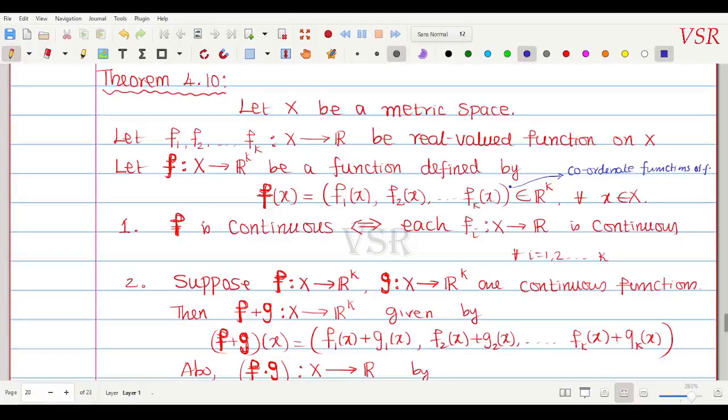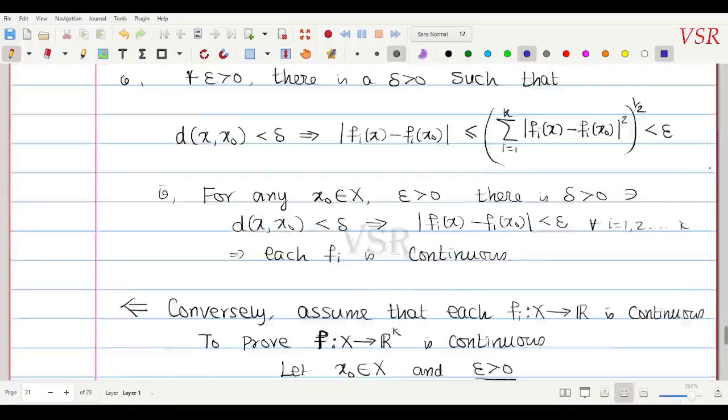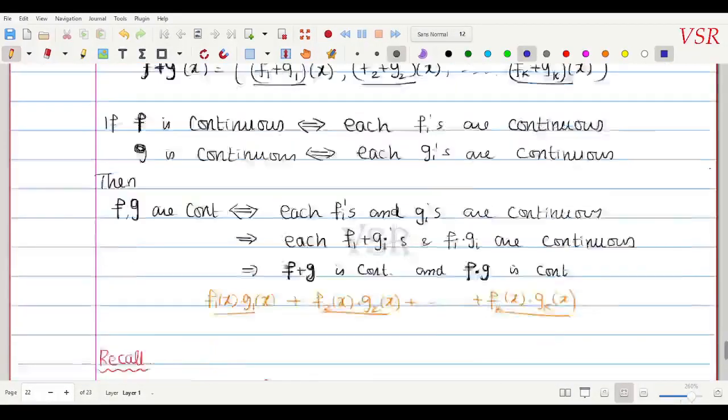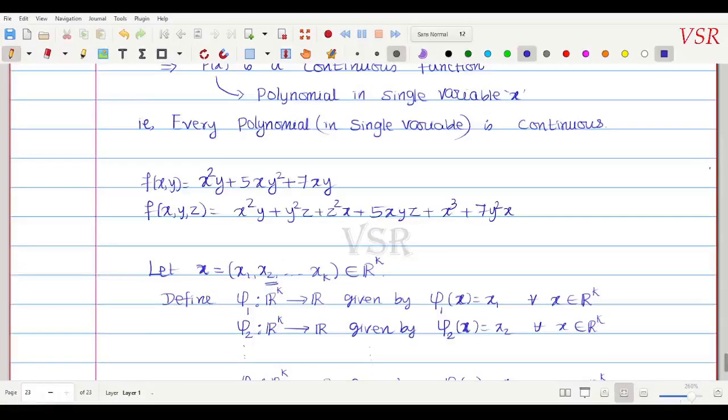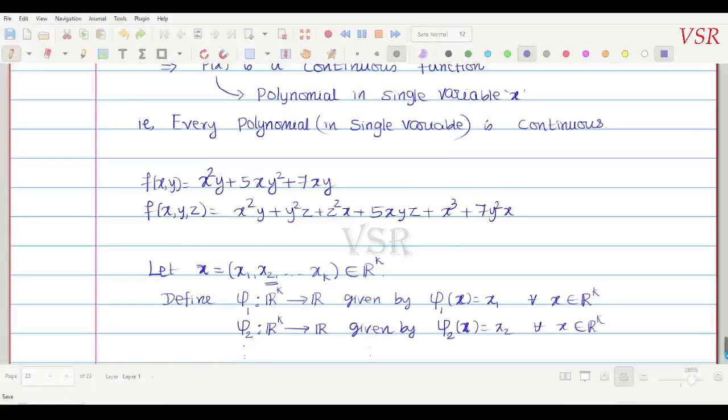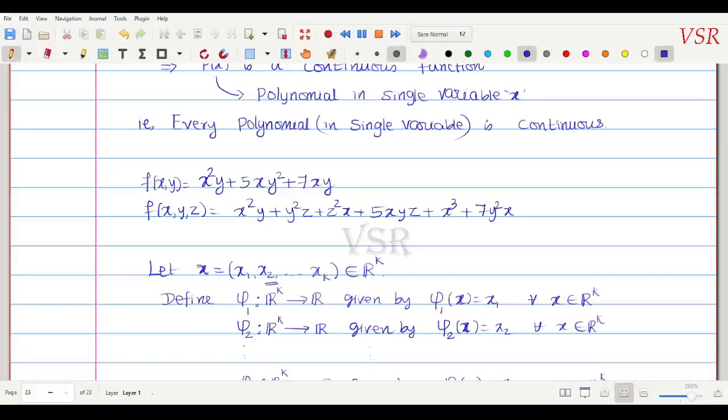Okay, check. Now let us come to here. Now then these functions are all continuous. என்னது இந்த phi 1 phi 2 சொல்ல டிஃபைன் பண்ணிருக்கோம் இல்லையா, இவன் எல்லாமே continuous னு ப்ரூஃப் பண்ணுவோம். Okay, so now let us show that this phi 1, phi 2, phi k are all continuous.